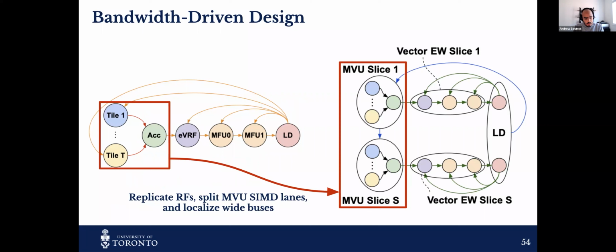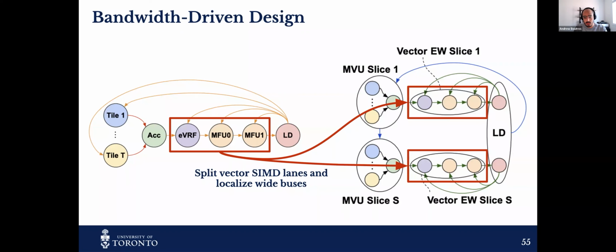And this is what we do in RAD-Sim. So we basically take those MVU tiles, we break the SIMD lanes down, we replicate register files, and then because those local interconnects between tiles and accumulators were very wide, we localize those inside of a module so they don't have to hop on the NoC. And then we do the same thing for the vector element-wise operations, also split the SIMD lanes and localize the wide buses.